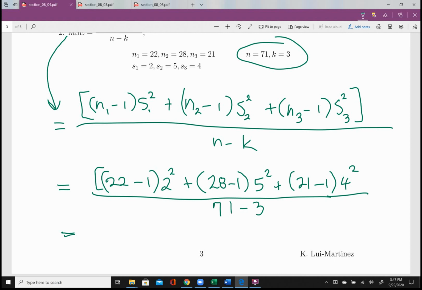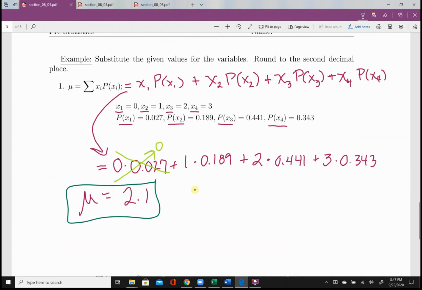I'll add 84, 675, and 320 in the numerator, which is 1,079, and divide by 71 minus 3, which is 68. That's some long decimal number.